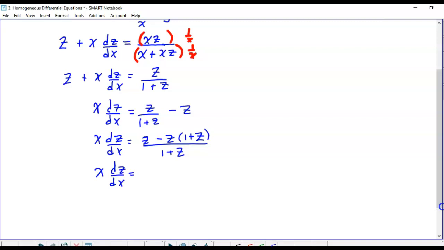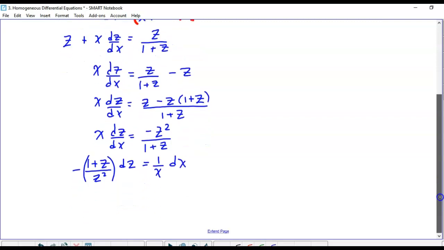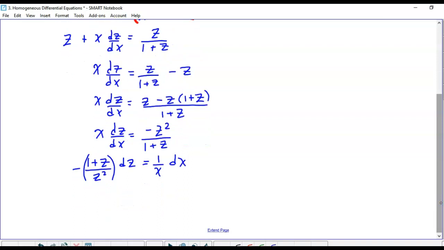So that's going to be z minus z is 0, negative z squared. Okay, now we can separate them. So it's going to be 1 plus z over z squared, negative out front, dz equals 1 over x dx. You can just split this up into two terms, so that's actually going to be negative 1 over z squared minus 1 over z.